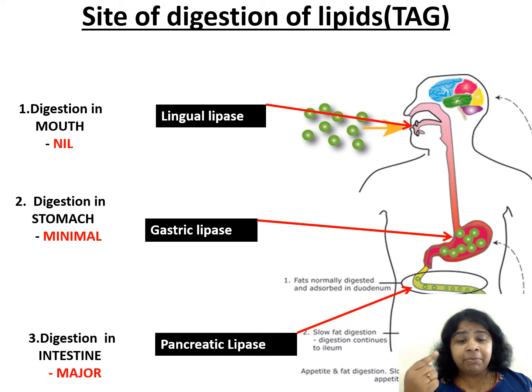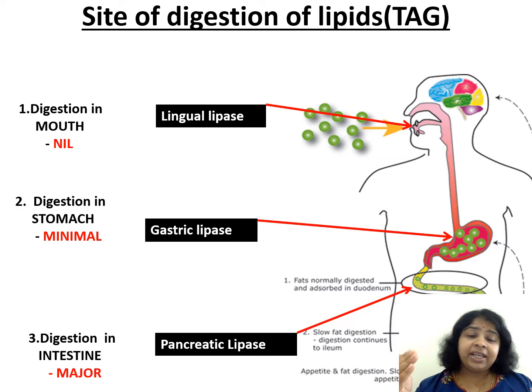Maybe within 1 minute you have chewed it and it's gone into your stomach. So there is not enough time for lipase to act, and the pH is also not so conducive for lingual lipase. So although there is an enzyme present, there is not going to be any digestion happening in the mouth.